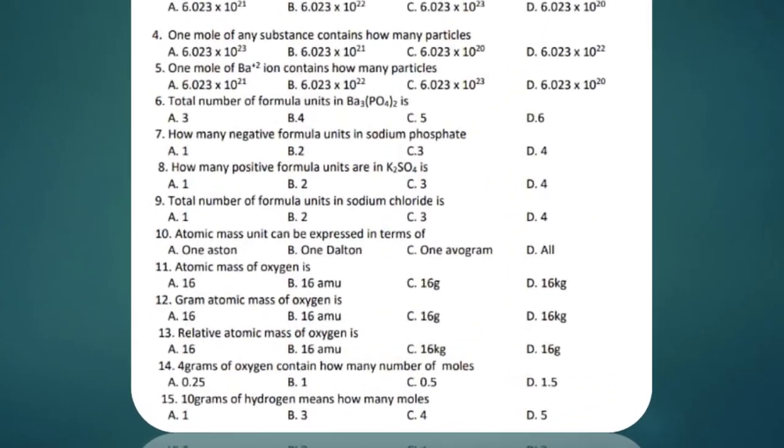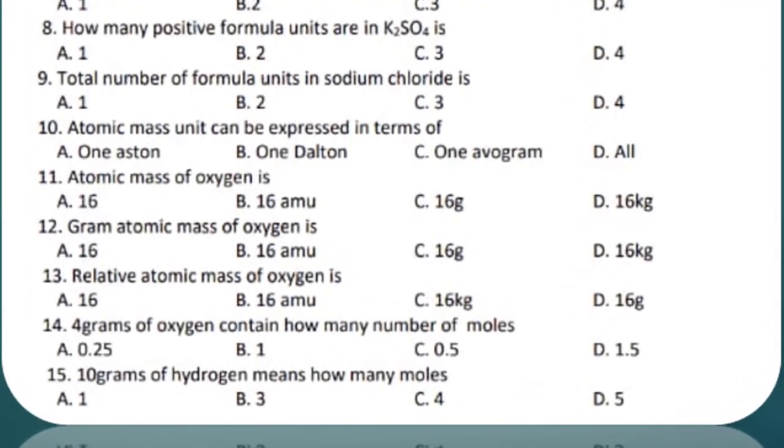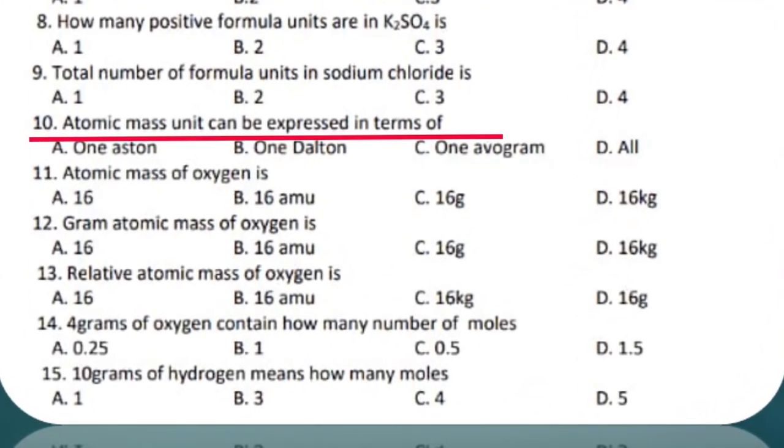Next, question number 10: atomic mass unit can be expressed in terms of, all. It can be expressed as 1 Aston, 1 Dalton, 1 Avogram. So whenever you write the answer of the 10th one, don't just write all and leave.